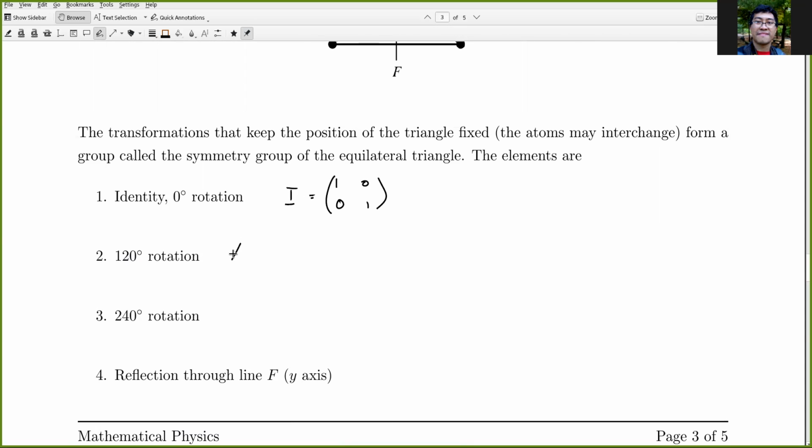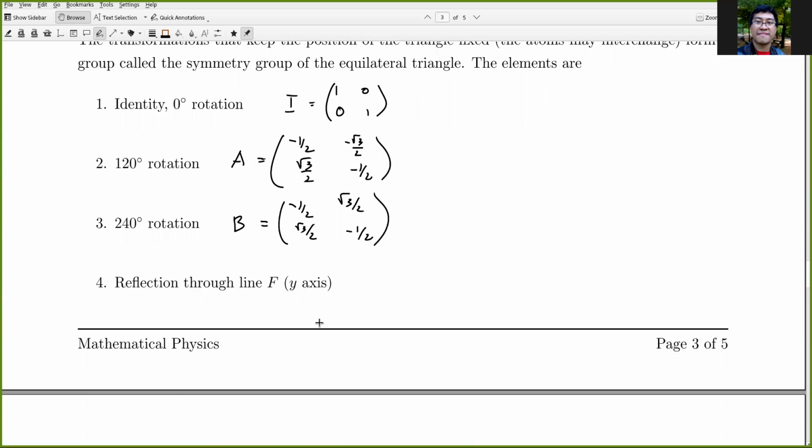For rotation, let's call that A. This would be 120 degrees rotation: negative 1/2, negative square root of 3 over 2, square root of 3 over 2, negative 1/2. Just like rotation matrices. We can call 240 degrees rotation B. So this is negative 1/2, square root of 3 over 2, negative square root of 3 over 2, negative 1/2.